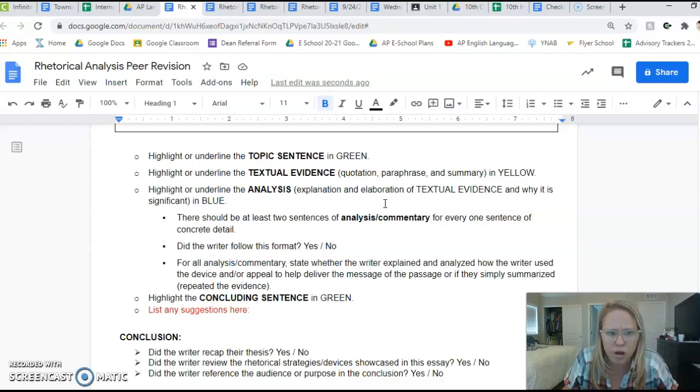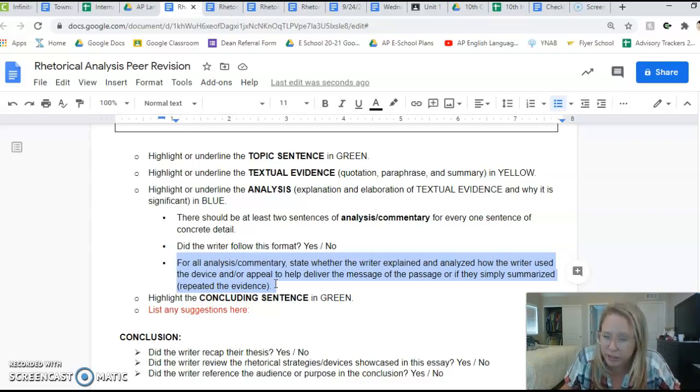The one thing I want to point out, I want this bullet point right here. This is after you've highlighted the analysis or the commentary. I want you to look at it and ask yourself, is the person here actually analyzing? Are they asking themselves those questions about, what does this tell us about the writer? What does this tell us about the audience?